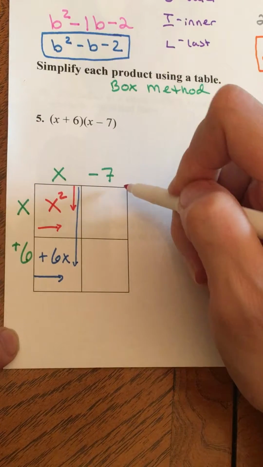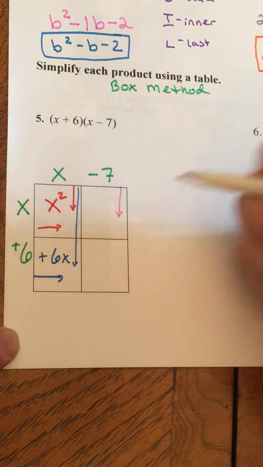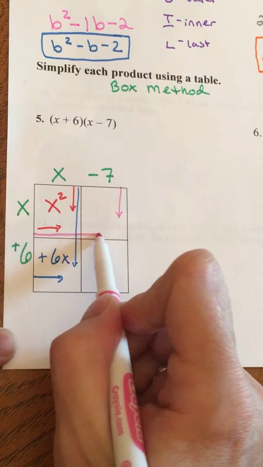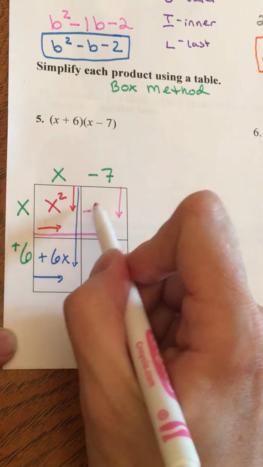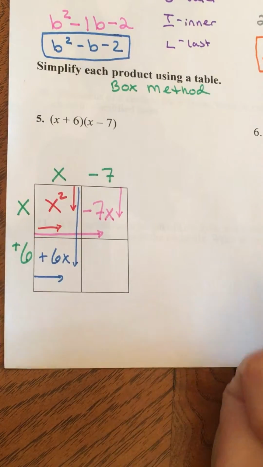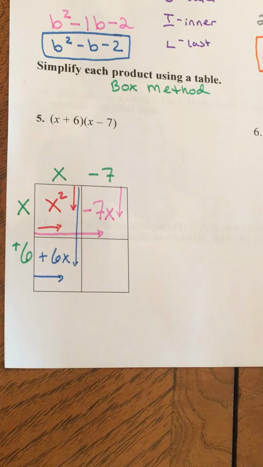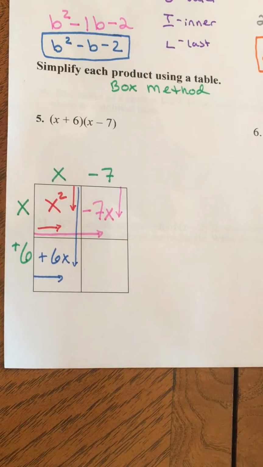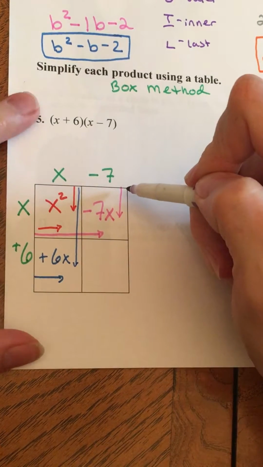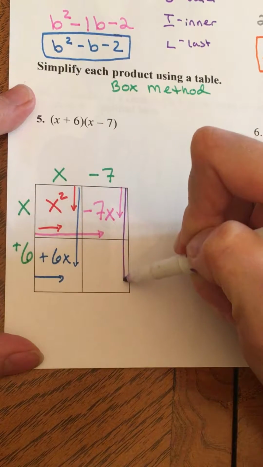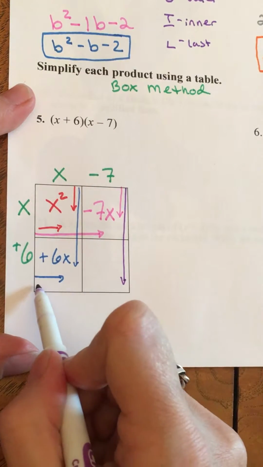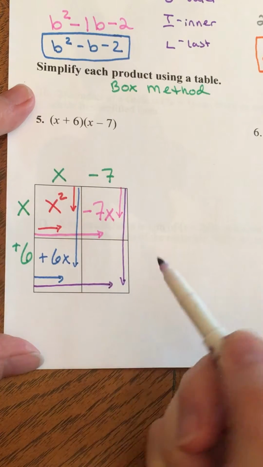The second column, negative 7 times x. Negative 7x. And finally, negative 7 times a positive 6.